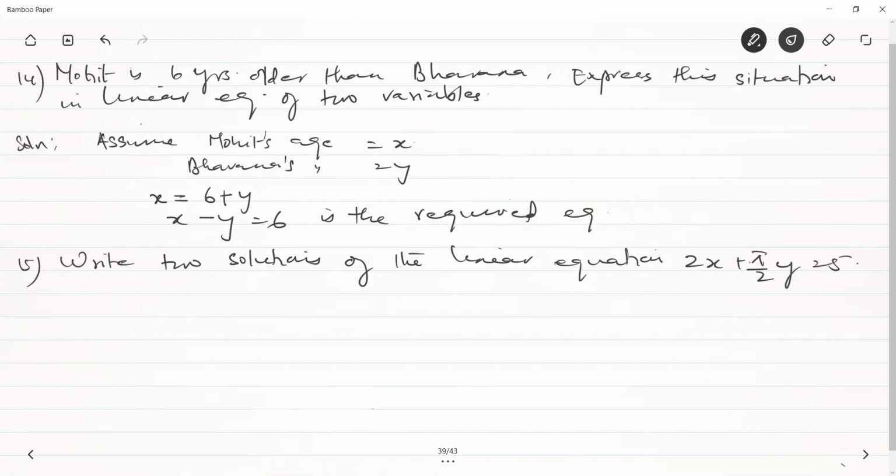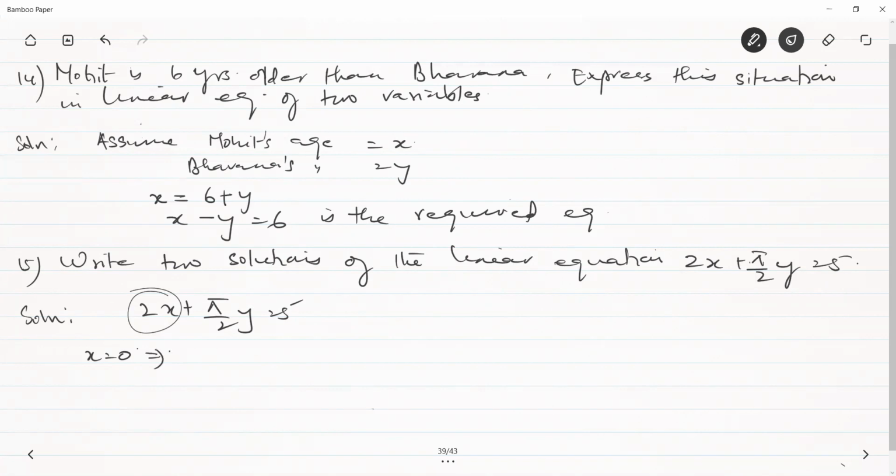Okay. Write two solutions of the linear equation. Now the equation is given: 2x plus pi/2 y is equal to 5. In order to find solutions, you will have to assume x as 0, as 1, as 2, and then find y, and that will give you solutions. So when I take x is equal to 0, this whole will be equal to 0.